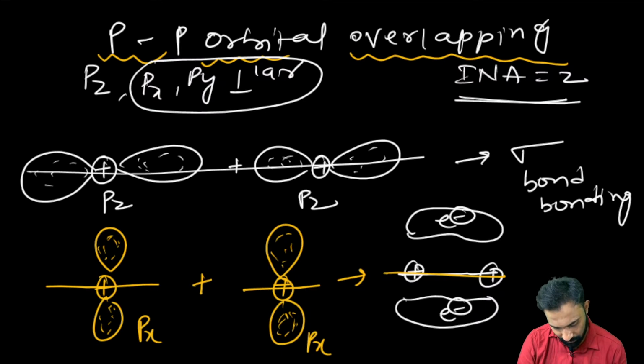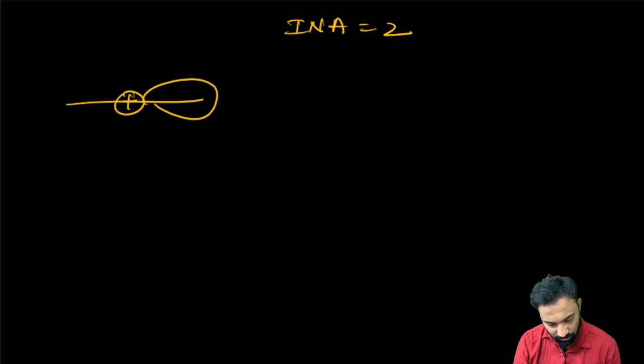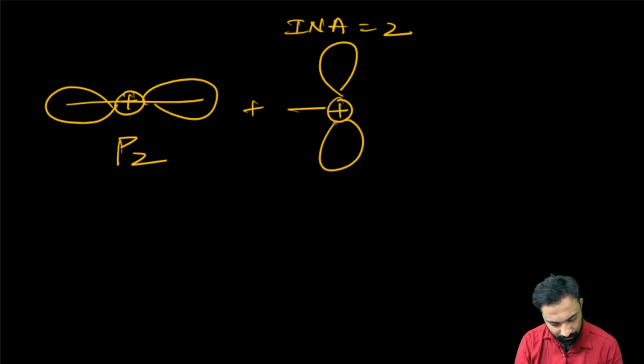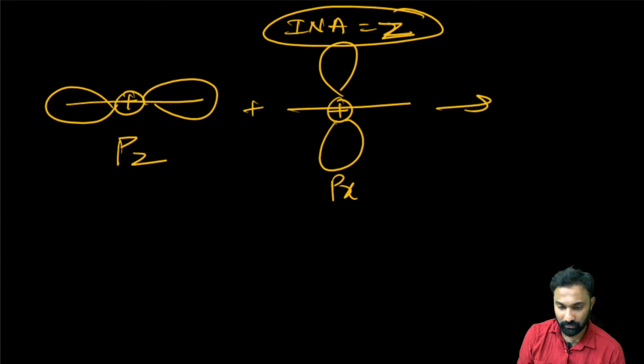Let's suppose one px orbital is given, with the internuclear axis z only. One pz orbital we will take, not px. One pz orbital and one px orbital overlapping along the internuclear axis z lead to which bond?